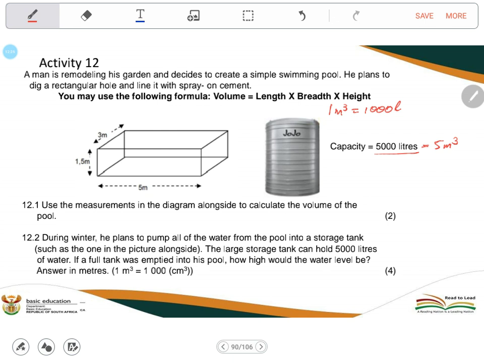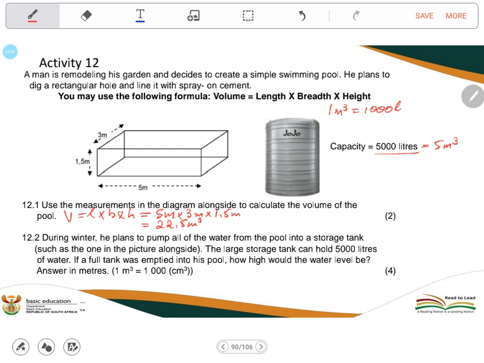Use the measurements in the diagram alongside to calculate the volume of the pool. So, we say the volume, since it's given as length times breadth times height, we then substitute and we get the volume as 5 meters multiplied by 3 meters for the breadth multiplied by 1,5 meters for the height, which should give us 22,5 cubic meters.